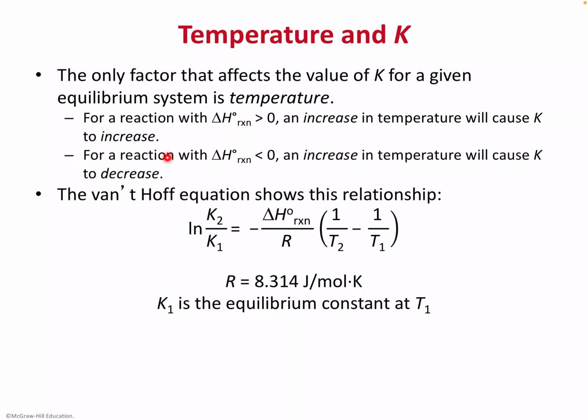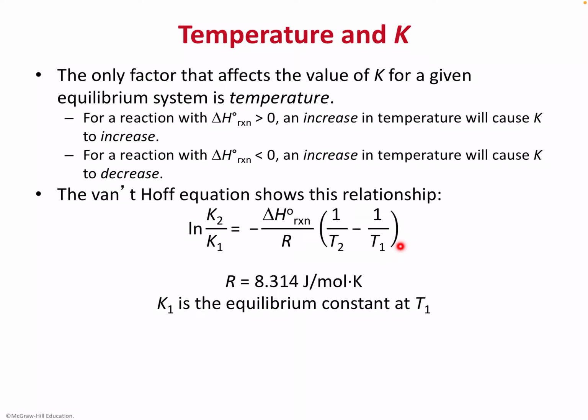Okay, for a reaction with delta H naught less than 0, which is an exothermic reaction, if you increase the temperature, it causes K to decrease because the reverse reaction will take place, since heat is a product. Okay, so that relationship is given by this equation.